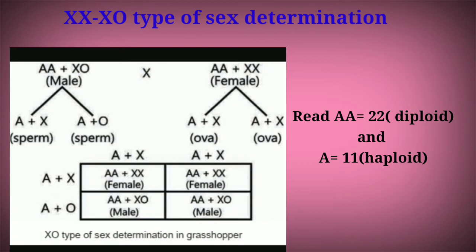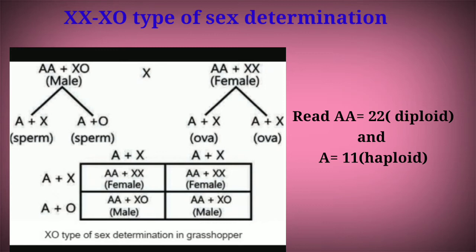This is because 22 are the autosomes, and there is only one single sex chromosome, which is called the X chromosome. That is why the total number of chromosomes in the diploid cell is 23, because of the missing of the other sex chromosome, which is an uneven pair.